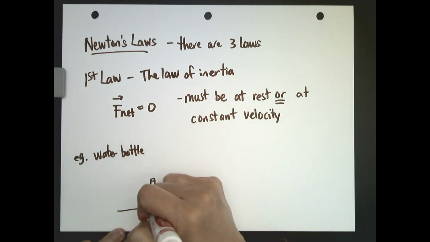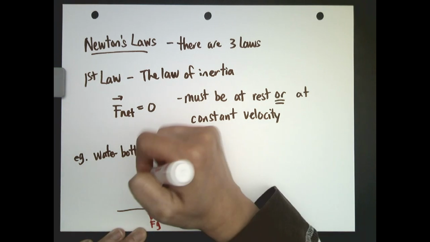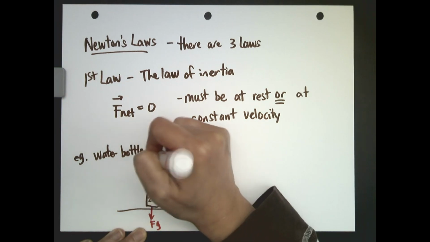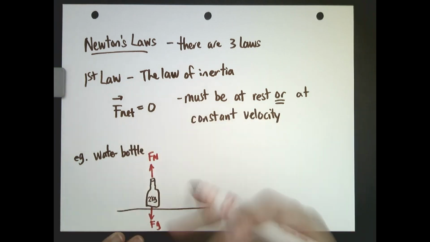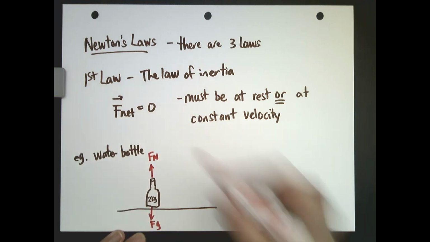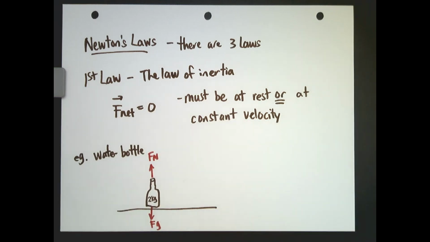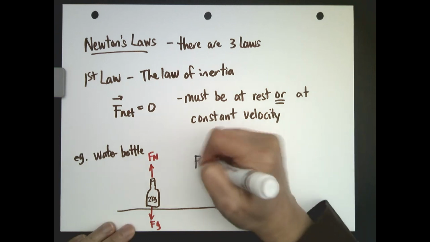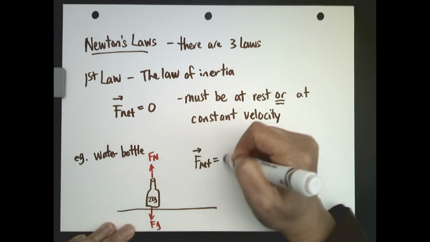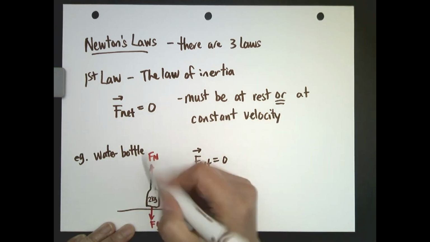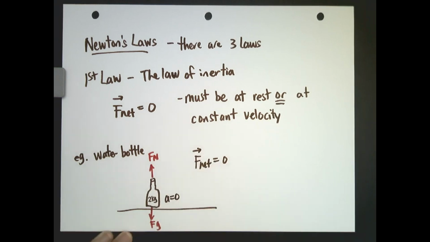All right, so what forces are on this? Well, technically, there's gravity pulling down on the water bottle, and then the normal from the desk pushing back up onto the water bottle. So if you did your F net equation, F net in this example is equal to 0 because the water bottle is at rest and a is equal to 0.